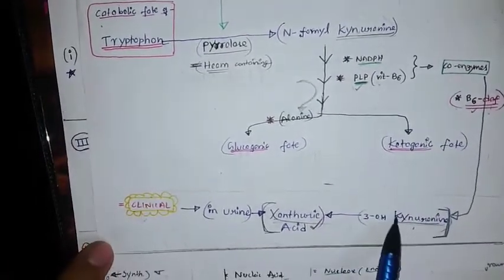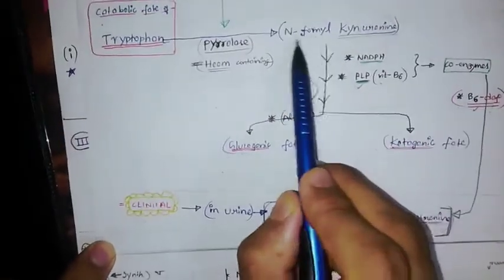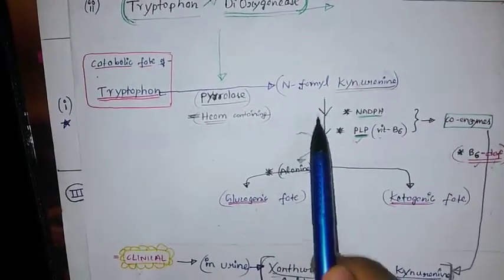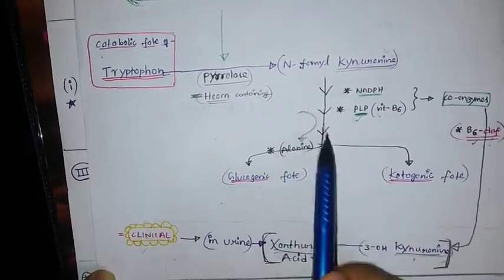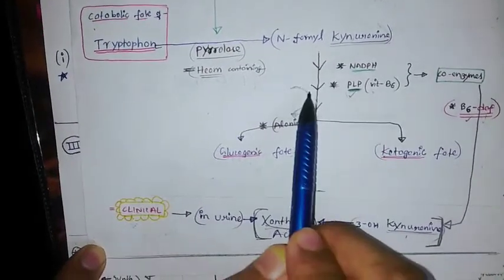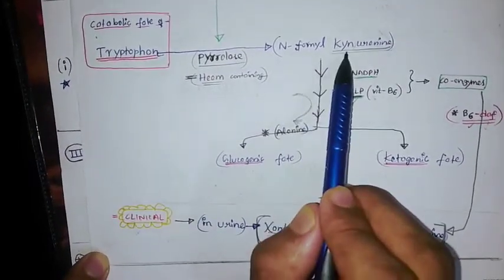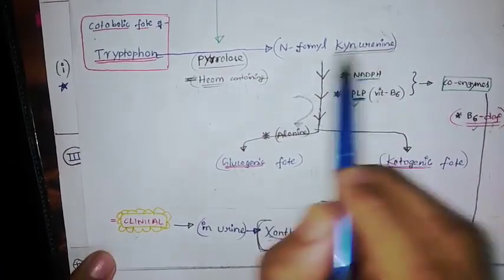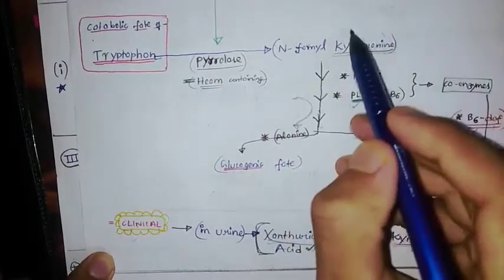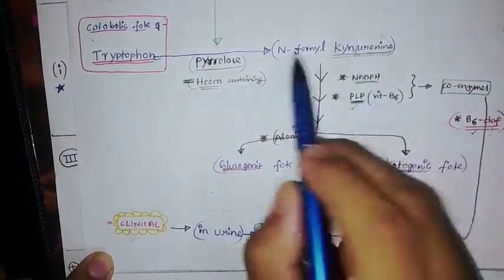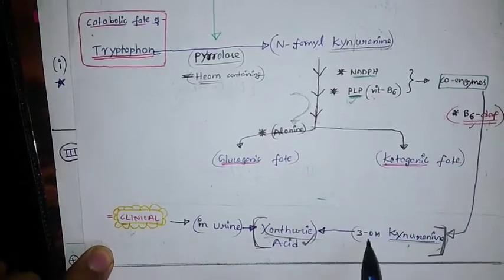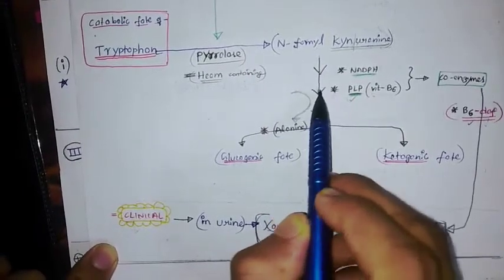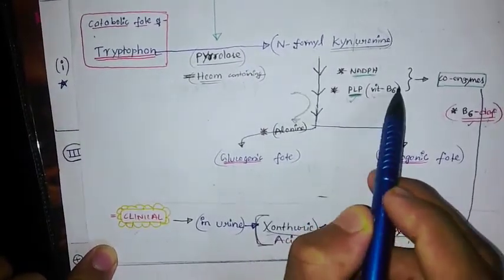You can see kynurenine and N-formylkynurenine; it is actually converted through many steps, which you can read later in metabolism, and later it converts into glucogenic and ketogenic products. In the middle, N-formylkynurenine is converted into 3-hydroxykynurenine somewhere. This 3-hydroxykynurenine will increase due to the deficiency of vitamin B6.